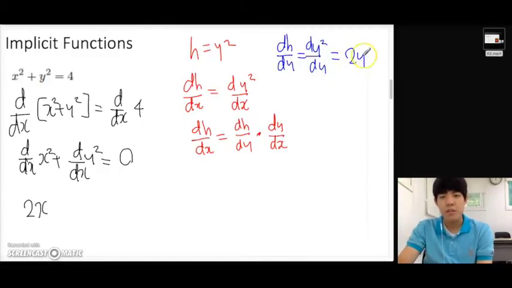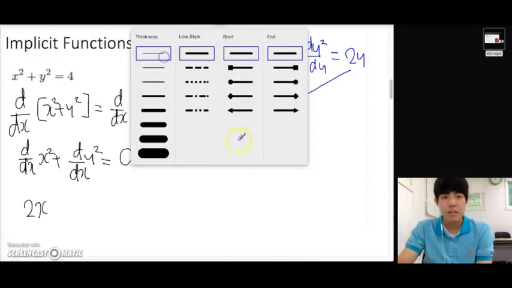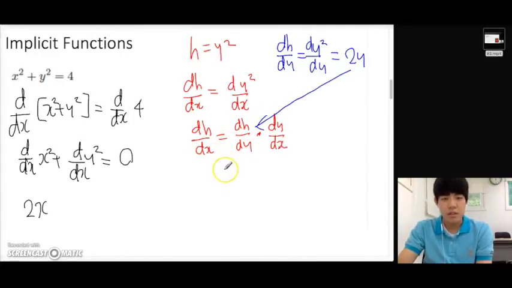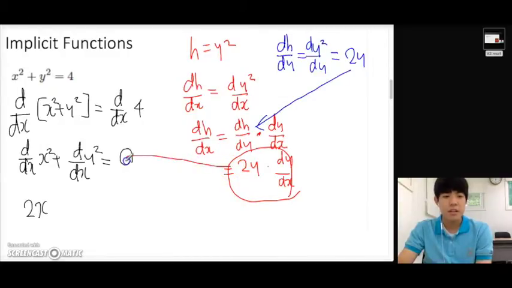Now we can use this 2y and substitute it here. So this equals 2y times dy/dx.